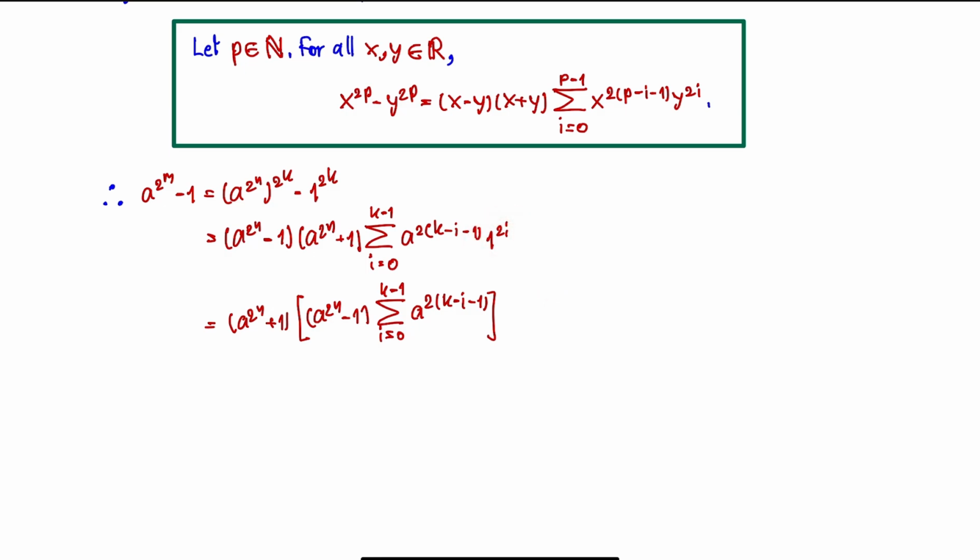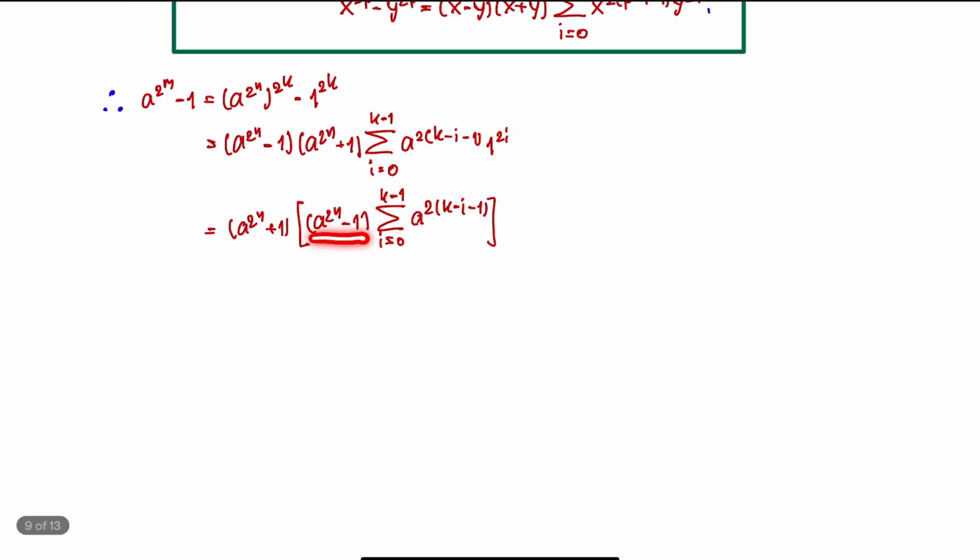So now we have this product multiplying the summation of a, where a is a positive integer, raised to the power of 2 times integers. So this number is actually a positive integer, and this number is also a positive integer.